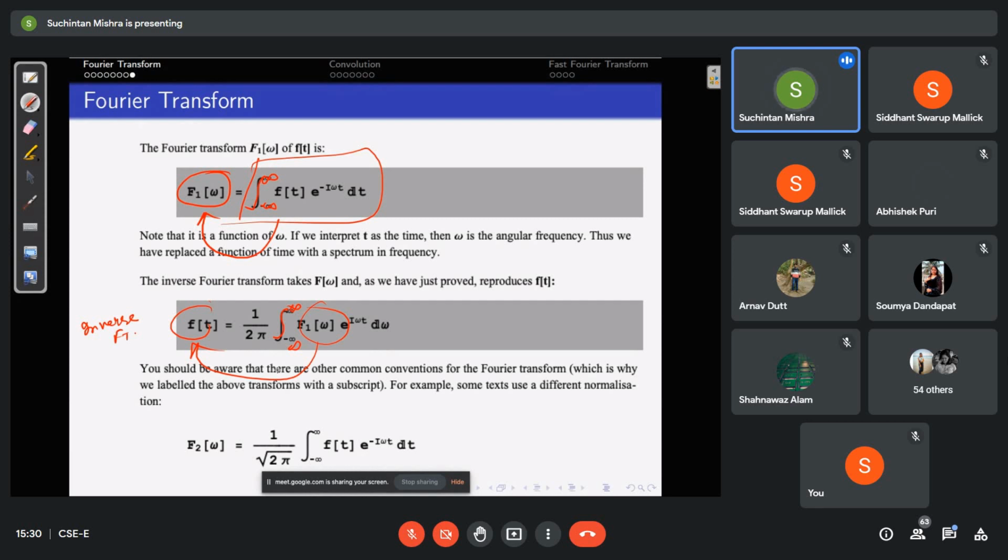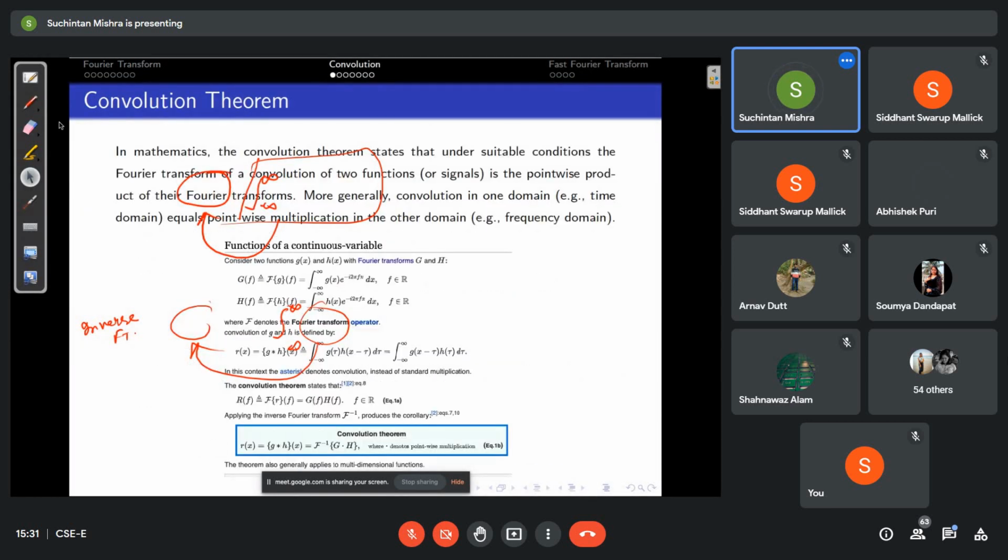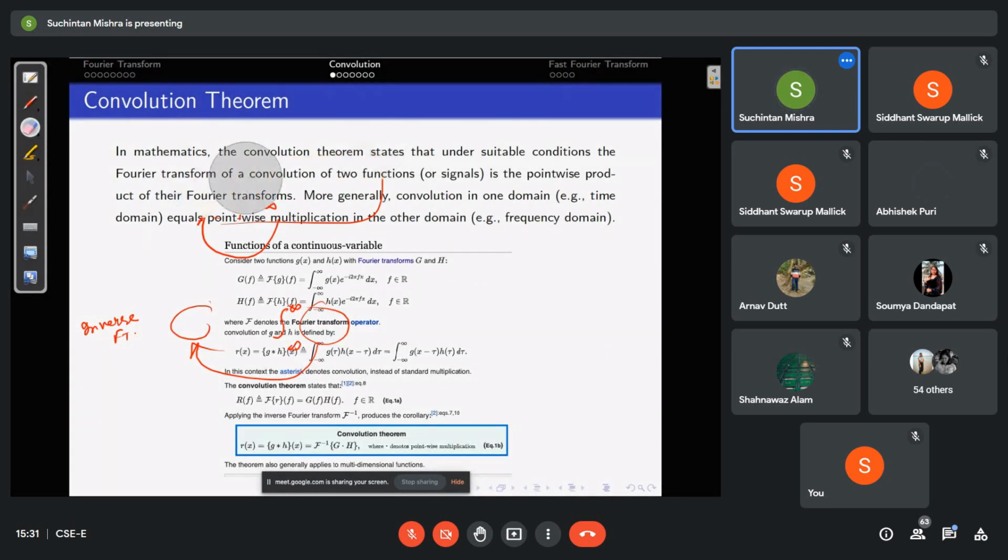So these are the mathematical notations of denoting Fourier transform and inverse Fourier transform. Now, until now, we have understood the meaning of convolution.